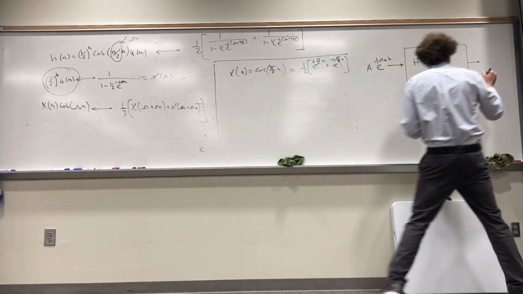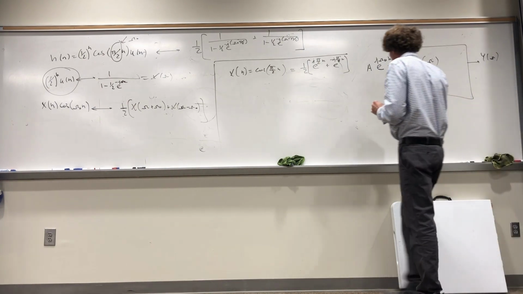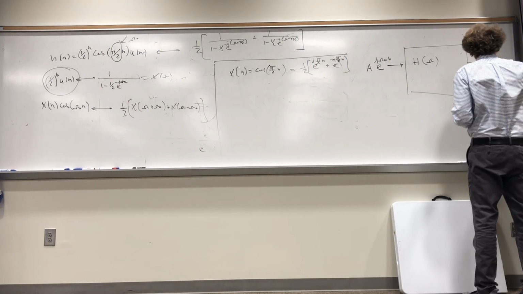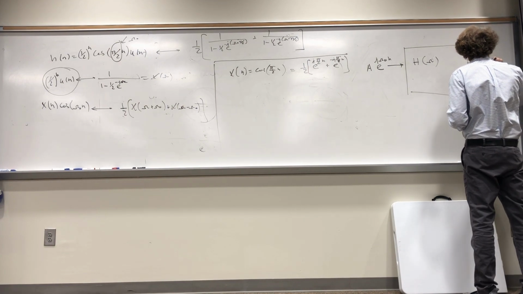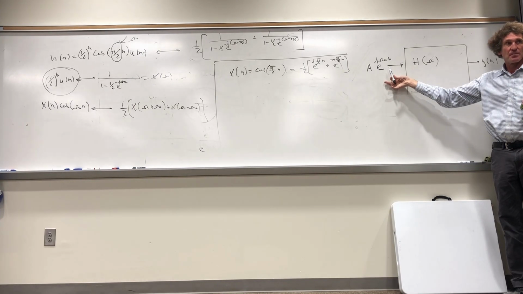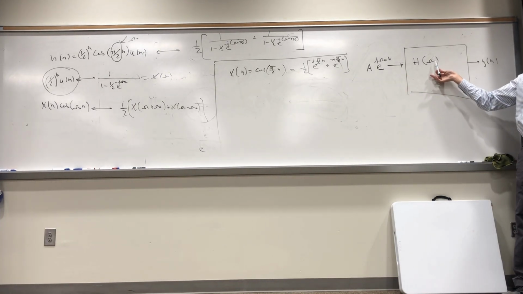My output here, y of omega, or really y of n, let me put it to you that way. I'll make it in the n domain. Y of n. The only thing you do is take this, evaluate the value of H at omega naught, the frequency, then get the amplitude and the phase, and this is like one term in that discrete time Fourier series stuff where I turn it into a cosine waveform.